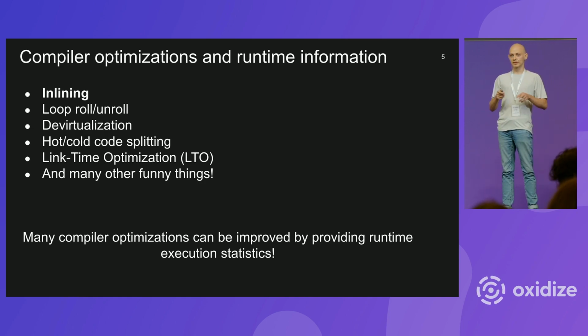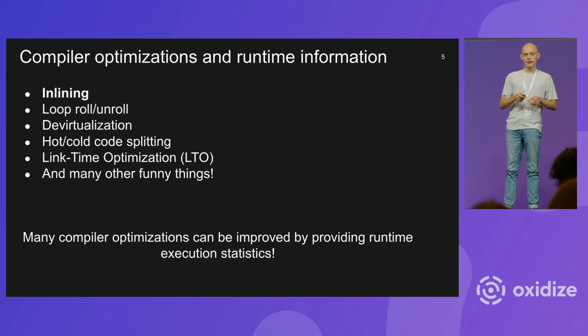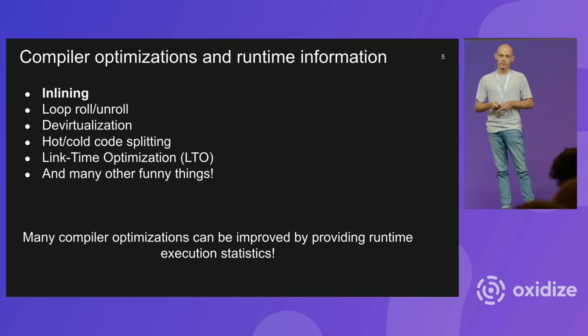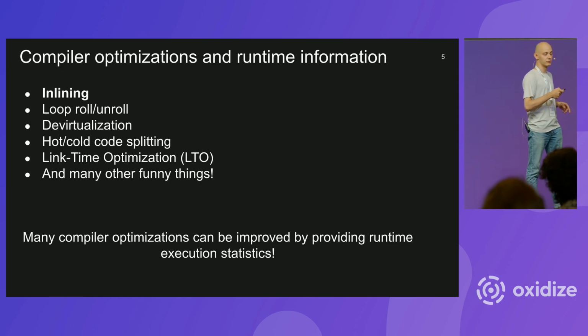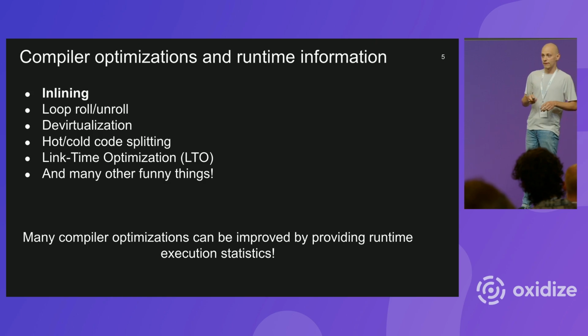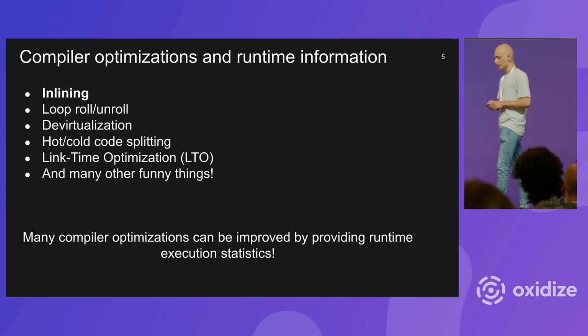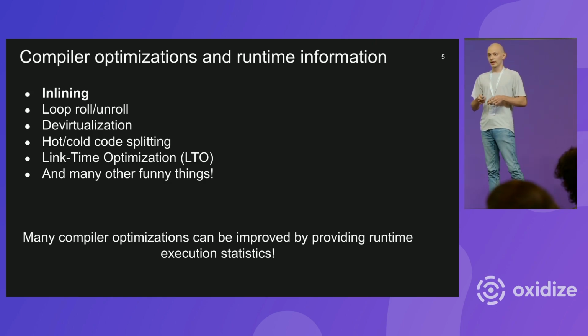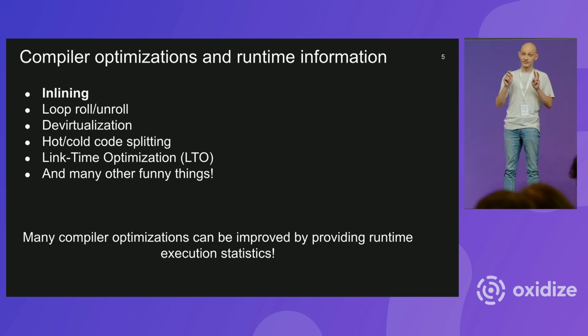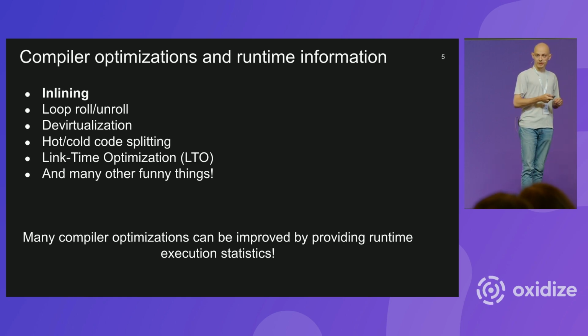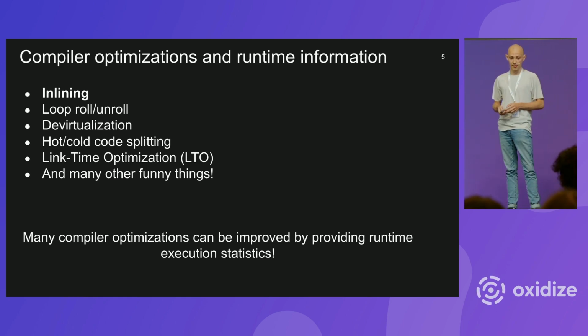We need to understand that all of these optimizations can benefit a lot from runtime information about how our application is executed, which parts of the application are executed, how frequently, and so on. In the just-in-time case, we can collect all these metrics on a target machine because we have a compiler or interpreter there. In the AOT world, we cannot do it because we don't have a compiler there.